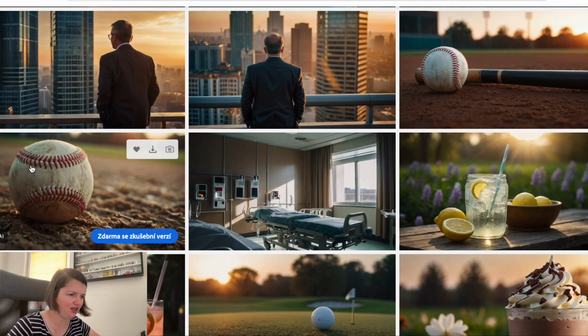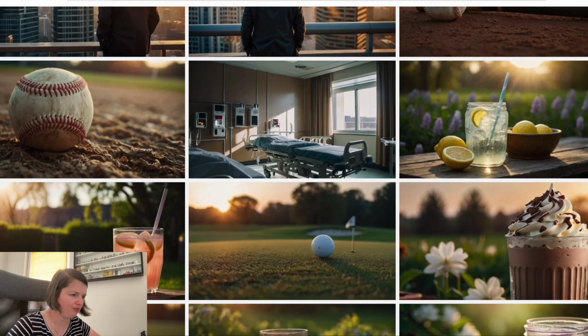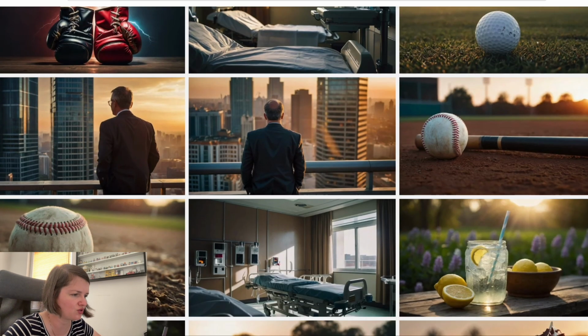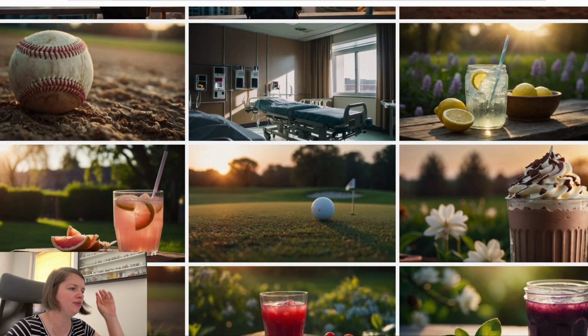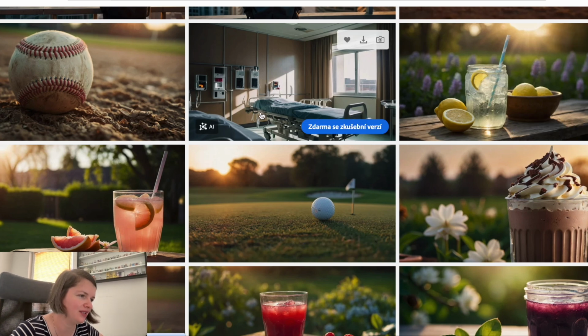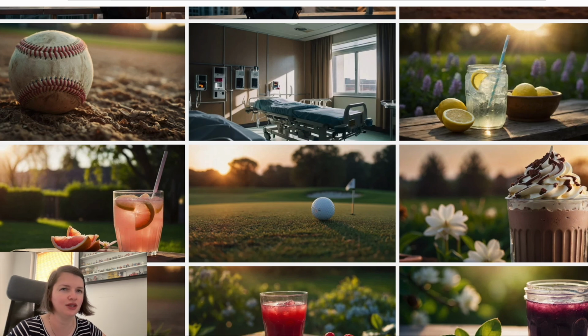Same with the baseball, right? I think that hospital interiors can be interesting for stock, but again, I'm not a doctor, I cannot really judge if the bed and the equipment and everything looks realistic.